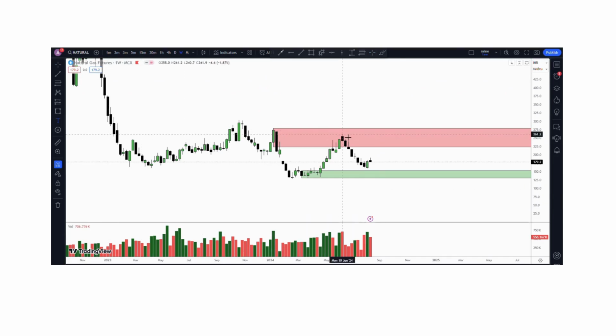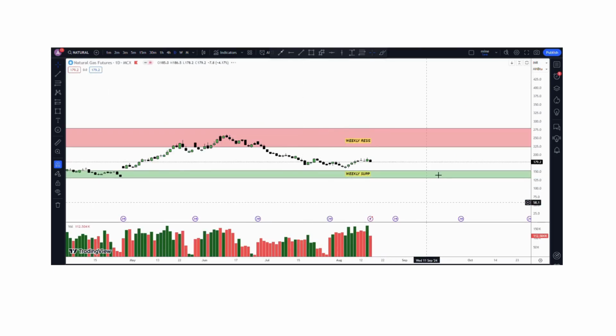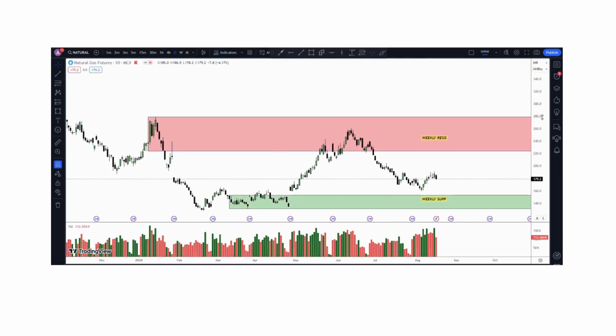Let me just write down weekly resistance, weekly support. All right, so just have these levels marked in your chart. So this is the range on the weekly time frame. Let's get back to daily and see where price is on a daily time frame.